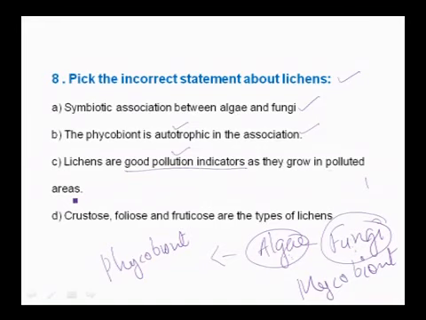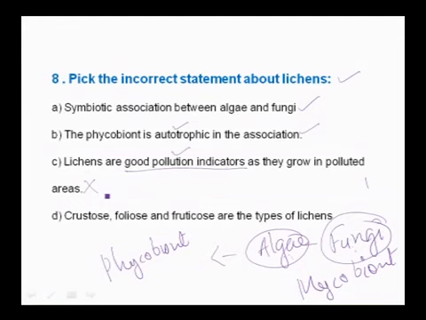So suppose if in a given place there is a lot of pollution, you will not find lichens over there. So if lichens are there, it indicates that the area is not polluted. But if you read the statement, lichens are good pollution indicators as they grow in polluted areas, is a confusing or misleading option, because the statement should have been that lichens are good pollution indicators because they do not grow in polluted areas.